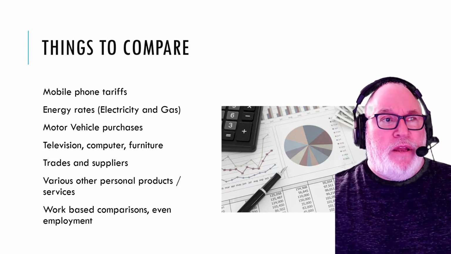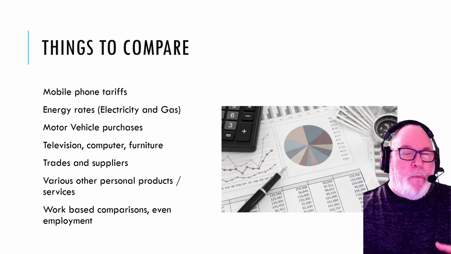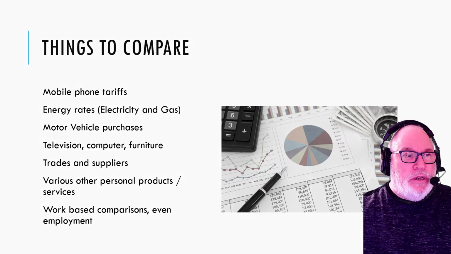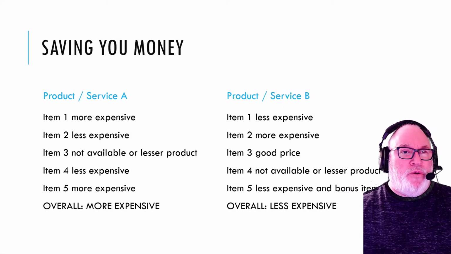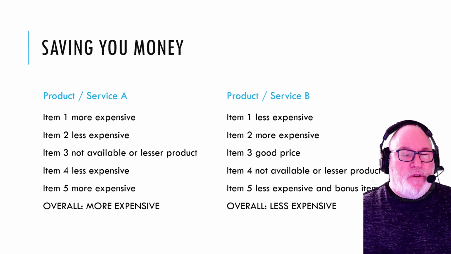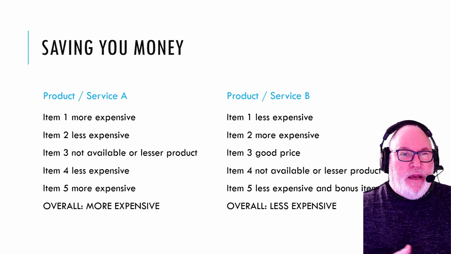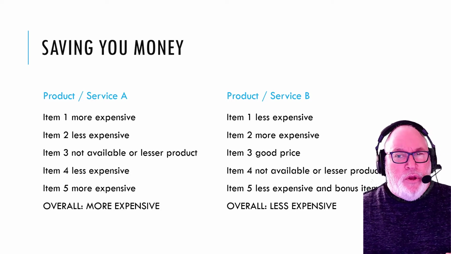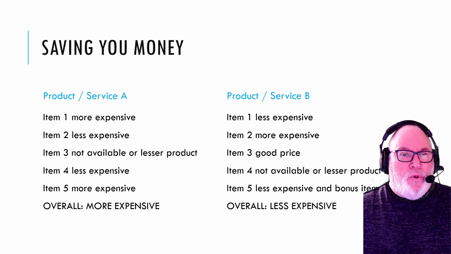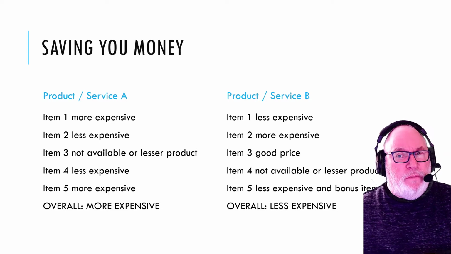So if we have a look to see how we might look at things and why there'd be differences. If we have two different products and services here, product A and product B, you'll see that item one is more expensive on one, less expensive on the other. As we go through them, item two, item three, not available or a lesser product, and the other one is a good price.